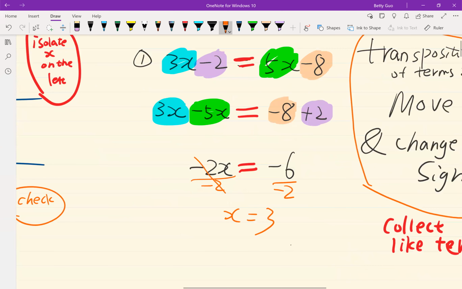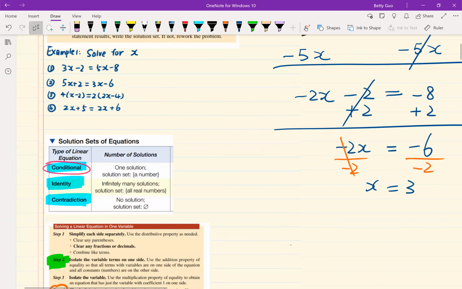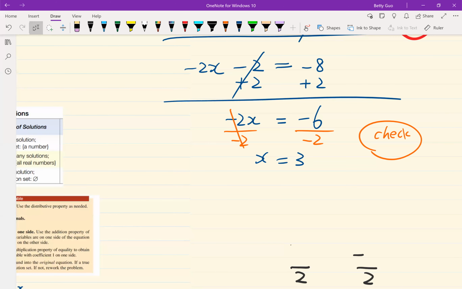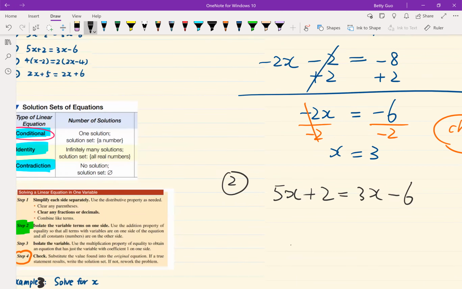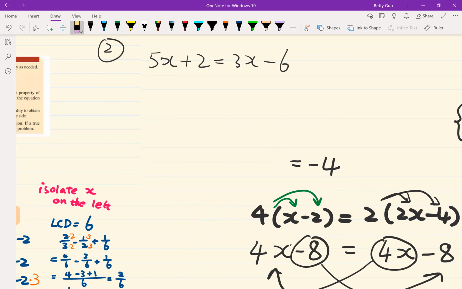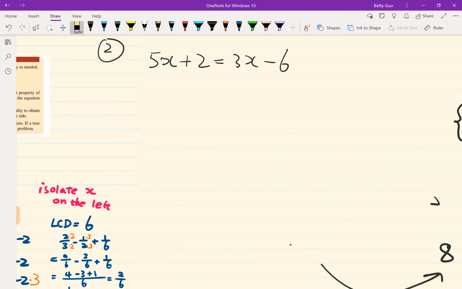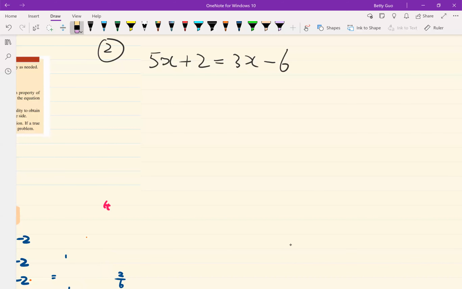Your turn. I'm going to give you a problem to practice. Number 2. The equation is 5x plus 2 equals 3x minus 6. Because I introduced the two methods, you can use the first method. I'm happy if you try the second method. I'll give you a few minutes on this.